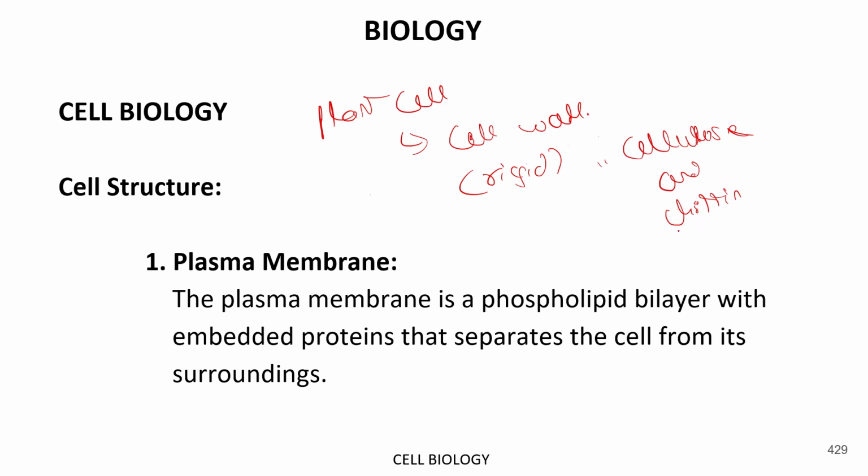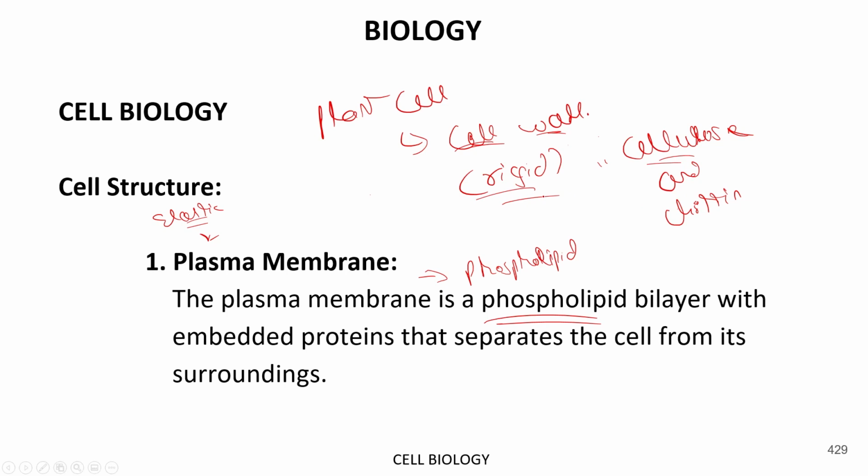Okay, so remember this thing. The plasma membrane is formed of phospholipid. Here you can see the spelling, and it is elastic, meaning it can change its size. But for plant cells, it is the cell wall, which is made up of cellulose and chitin, and it is rigid.